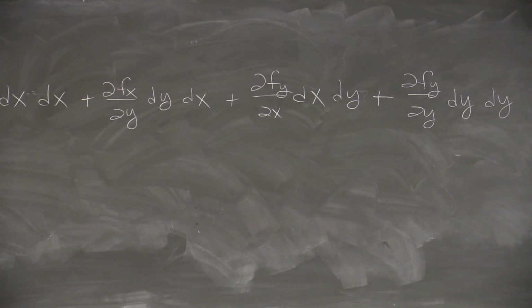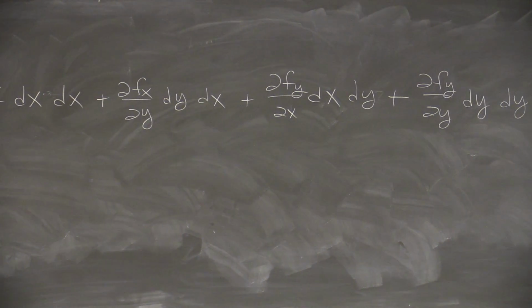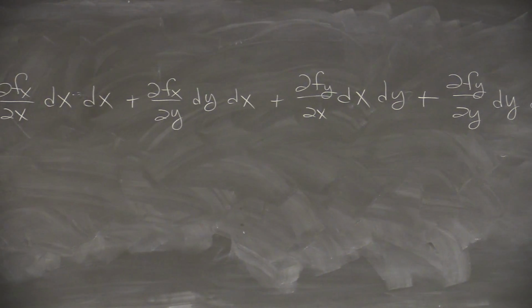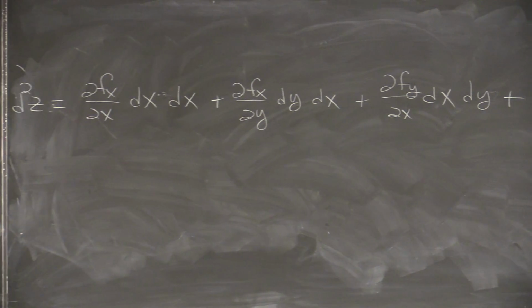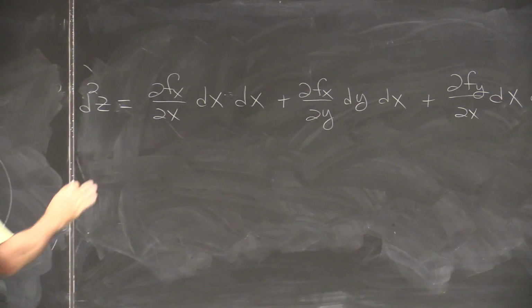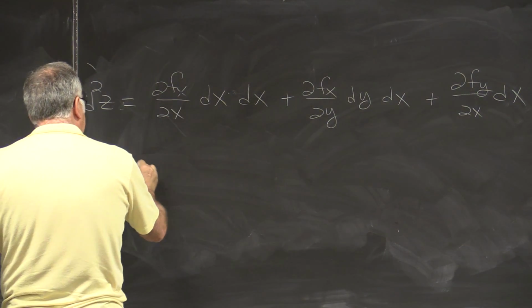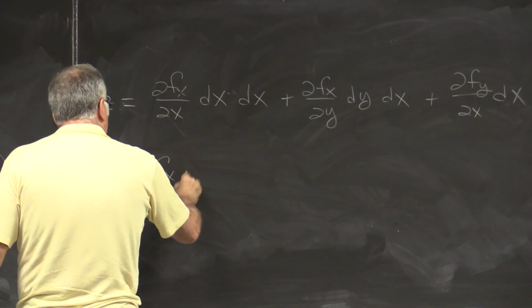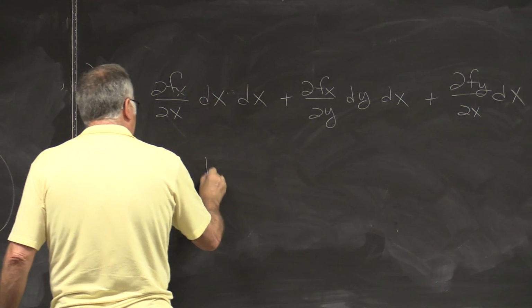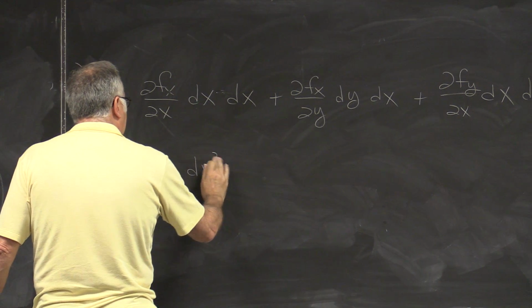So that is all just the second order total differential of z. And I can rewrite it now this way. Partial fx, partial x is just f sub xx. This is dx squared.